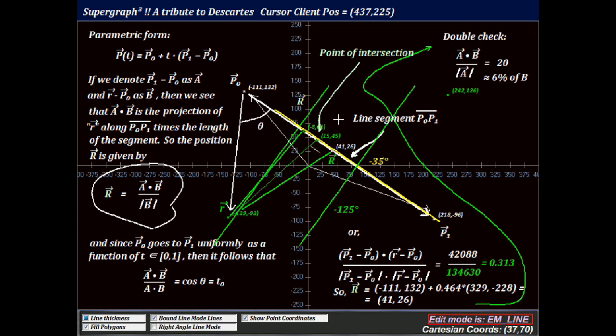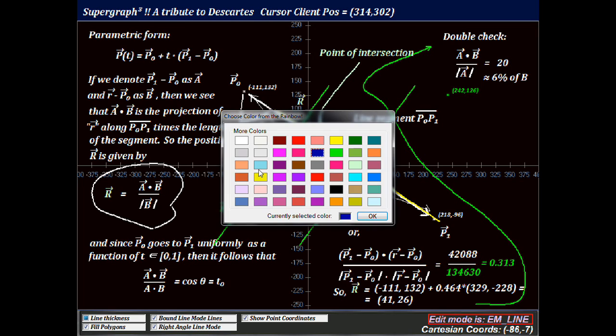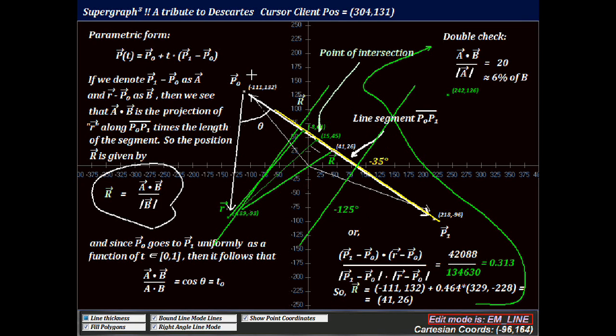But now with the new line mode, I have another thing called right angle line mode. What that does is turn it on. It's going to be difficult. I can do it in here. I need a different color. Okay, we'll go from here.